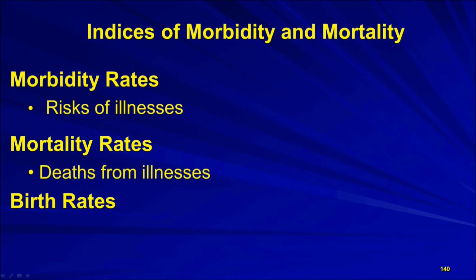So if you have high death rates in a nation, that usually indicates that their socioeconomic status is low. So those are just general rules of thumb that you might keep in mind as we move along in this particular area.